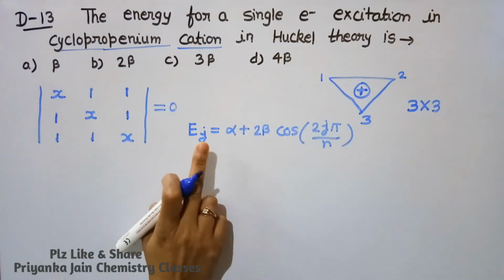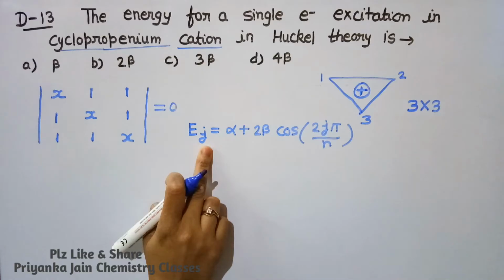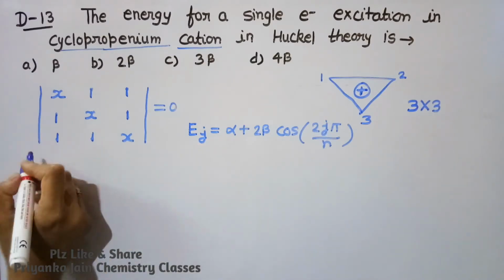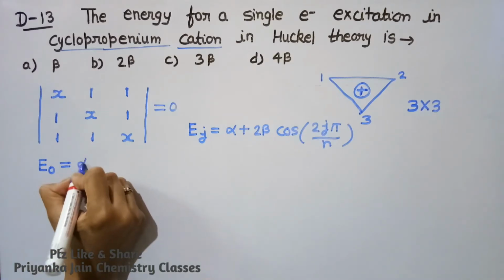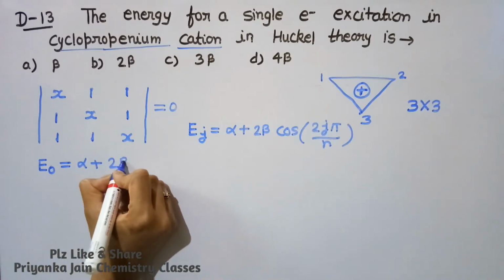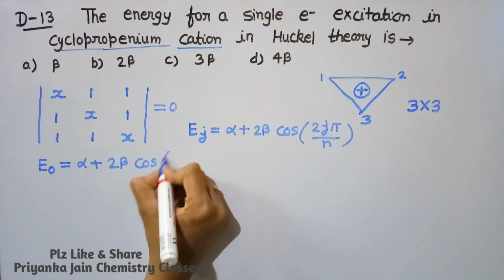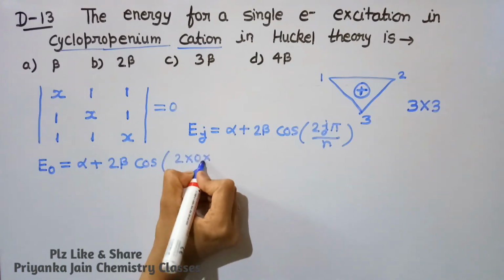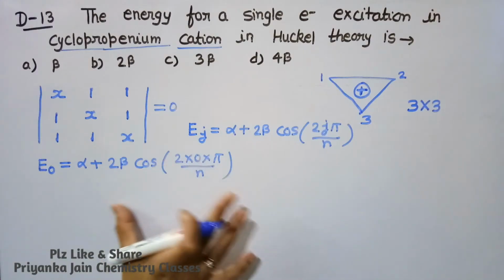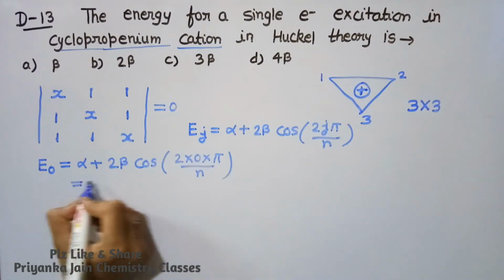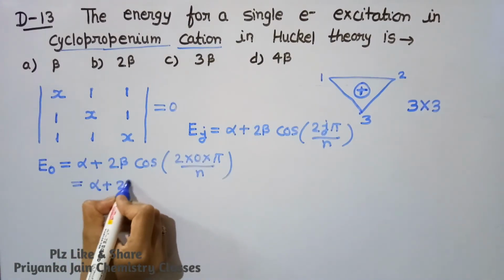So we have to use j is equal to 0, j is equal to plus 1 and j is equal to minus 1. Firstly, when j is equal to 0, this value will be alpha plus 2 beta cos 2 into 0 into pi upon n. The value of cos 0 is equal to 1, so this level will be alpha plus 2 beta, right?